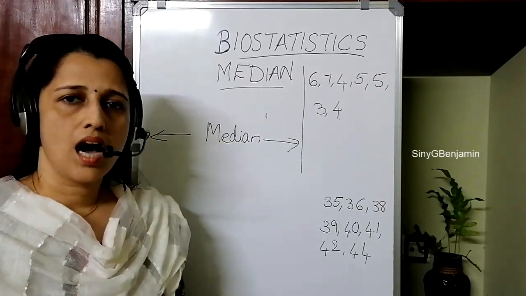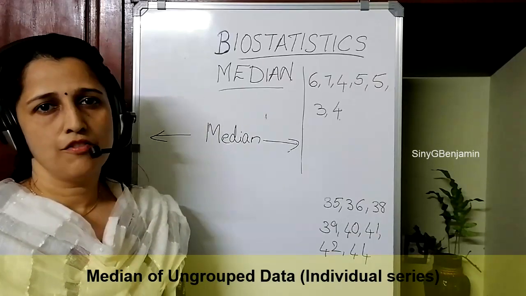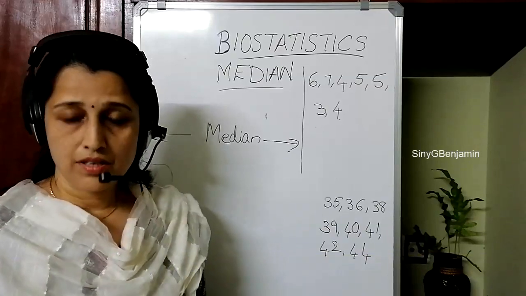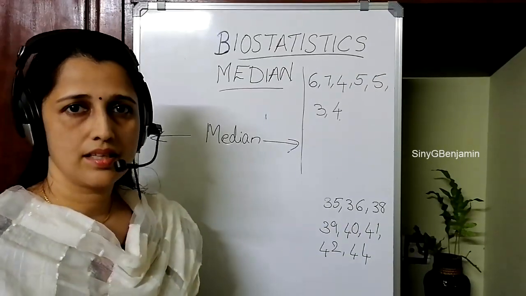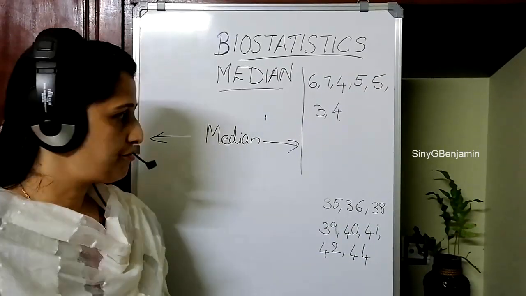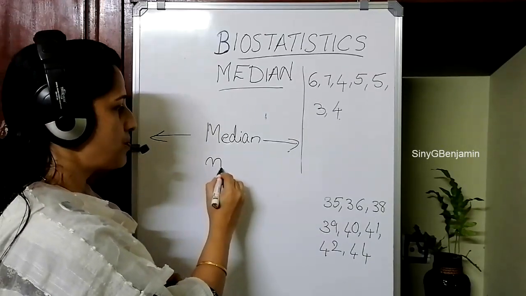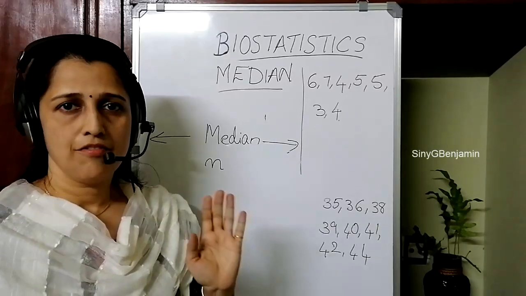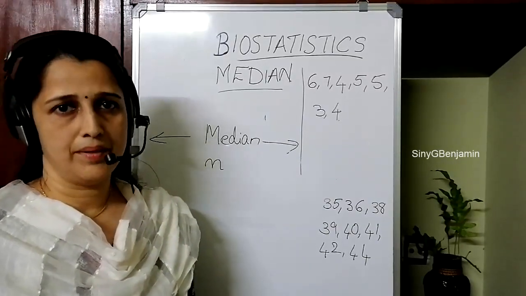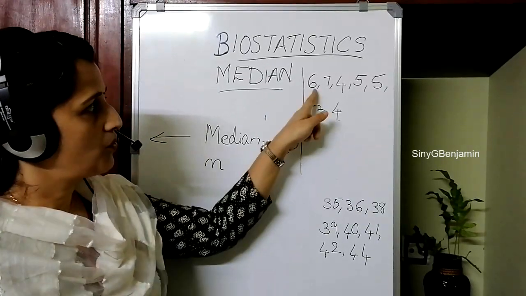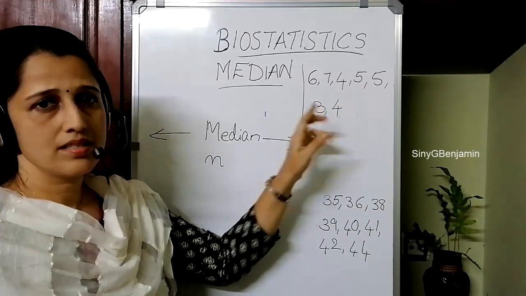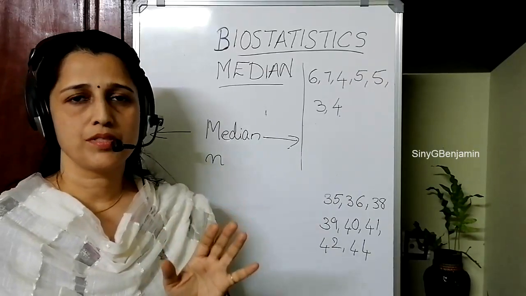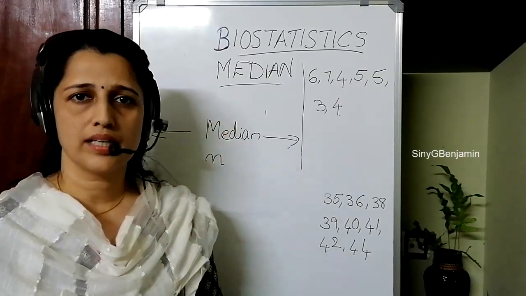Then let's see how median is calculated for ungrouped data or individual series. First step is we arrange the data in ascending or descending order, and consider the number of observation is n. If n is an odd number, for example, here 1, 2, 3, 4, 5, 6, 7, 7 observations are there, that means it is an odd number.